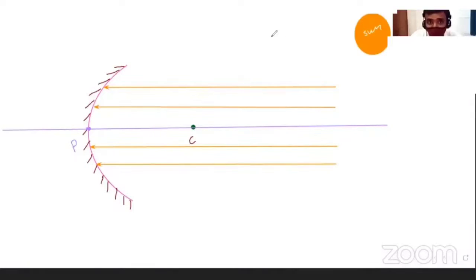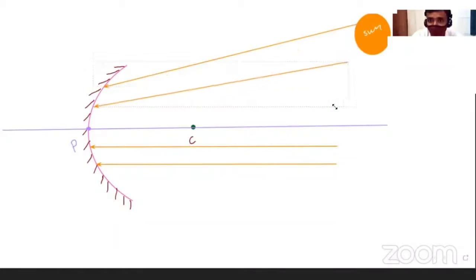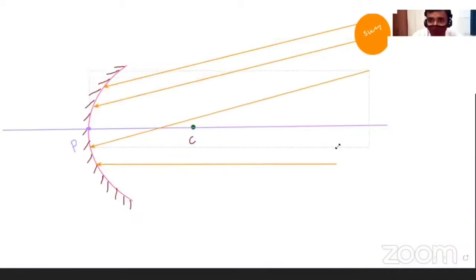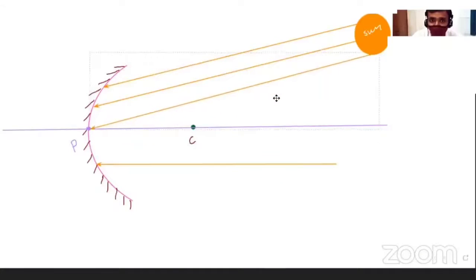So I have to focus that light ray from the sun onto the mirror surface. So what type of rays will we receive from the sun? They are parallel rays only. Parallel light rays. So enough. Is it clear?